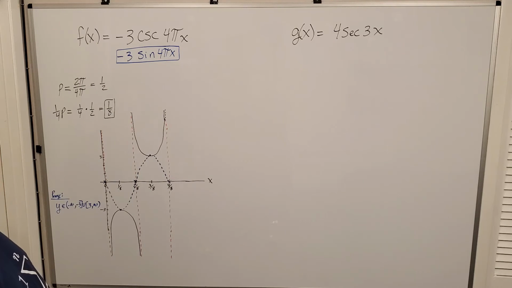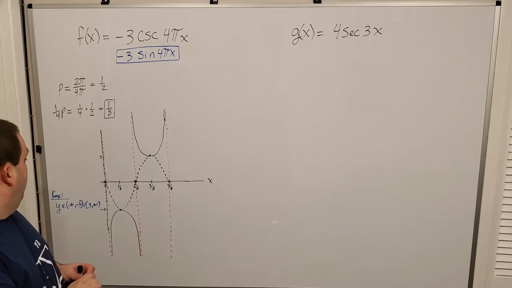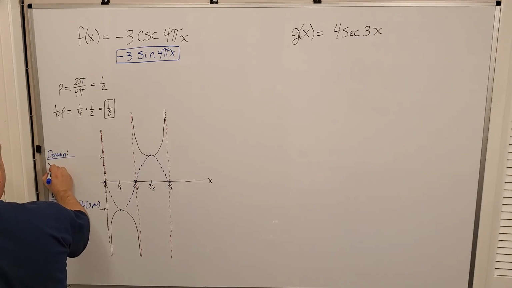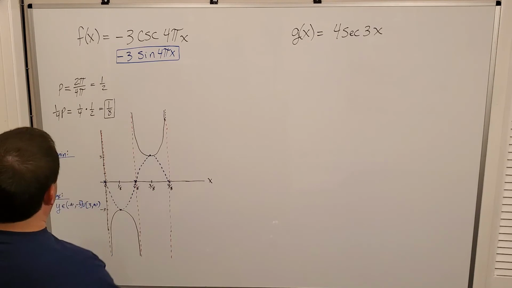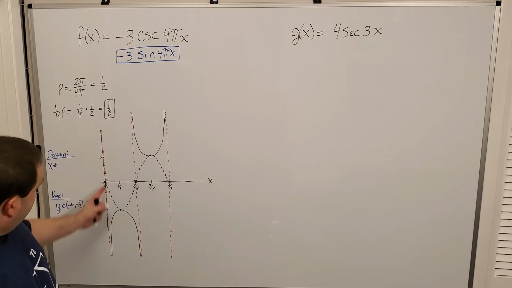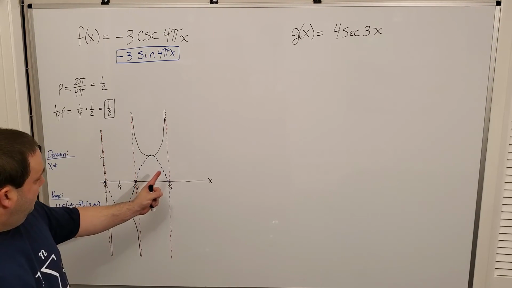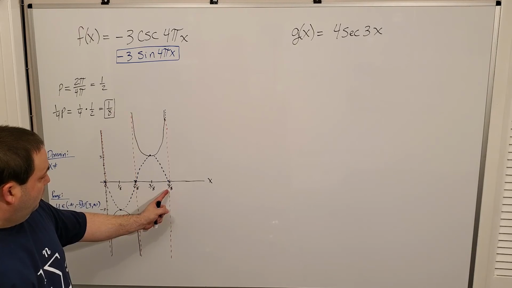So here's my range. The domain, if you recall, we have to do the pattern where we say what x cannot be. X cannot be, well, it looks like 0, and then 2/8, which is 1/4, and then 4/8, which is 1/2.